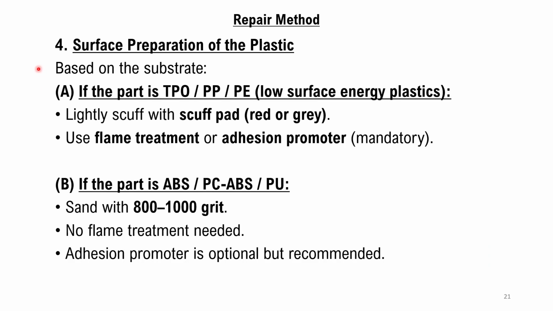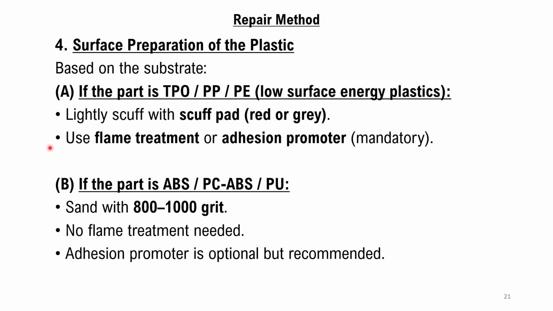Thereafter, surface preparation for the plastic, based on the substrate. In case A, if the part is TPO, polypropylene, or polyethylene, which are low energy plastics, lightly scuff with a scuff pad, red or gray.